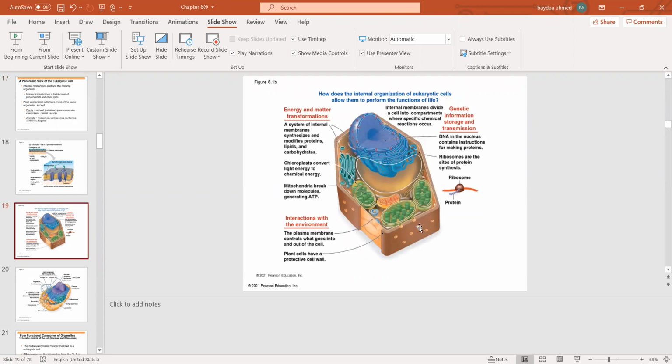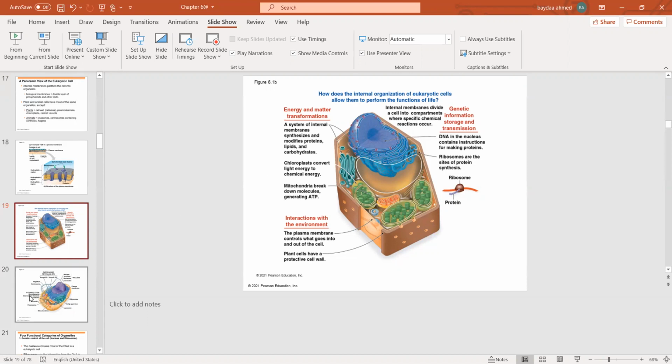Plant cells have plasmodesmata. Those are cytoplasmic channels through the cell wall that connect the cytoplasm of adjacent cells. Plant cells have chloroplasts. Chloroplasts, the photosynthetic organelles, convert energy of sunlight to chemical energy stored in sugar molecules.